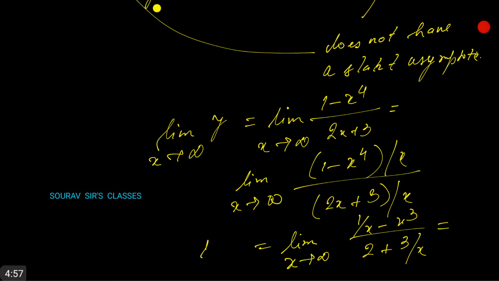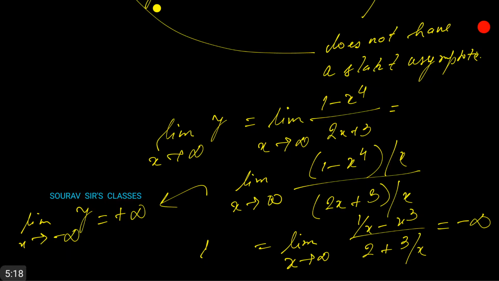Just simply evaluate the limit and we find that this is equal to minus infinity. And similarly we can derive that when x tends to minus infinity, we have plus infinity.